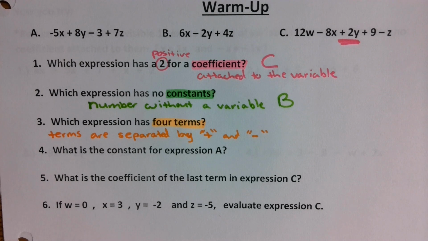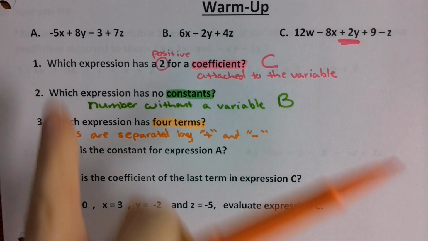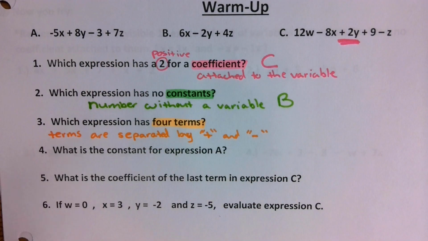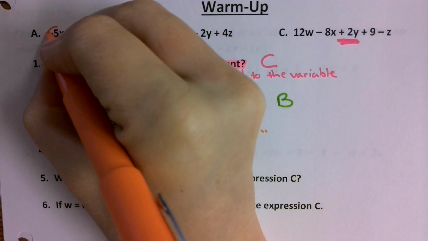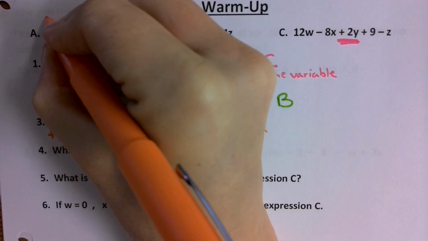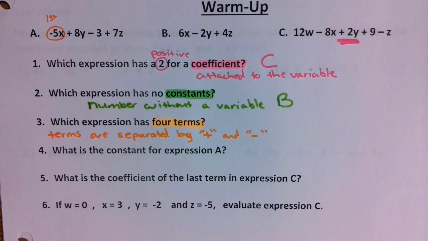What's the only expression up here that has 4 terms, guys? Gavin, what do you think? Which one up here has only 4 terms in it? A. Okay, A is the only one that has 4 terms, right? We've got a negative 5x, that's our first term.